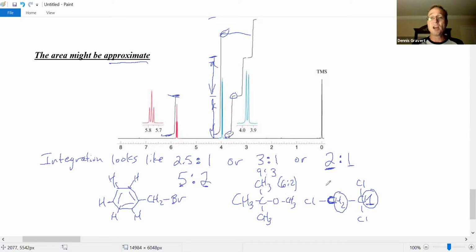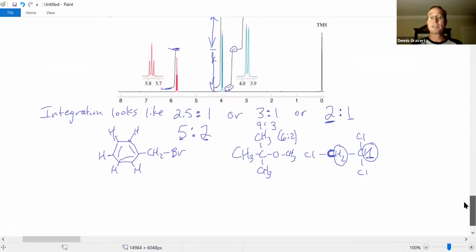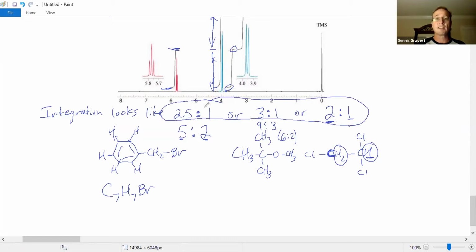So how would you know which ratio it is? Oftentimes you get the chemical formula. So if the chemical formula is C7H7Br, and you saw these ratios, which one is it? Well, it has to be a ratio that can add up to 7. 5 plus 2 equals 7. 9 plus 3 equals 12.